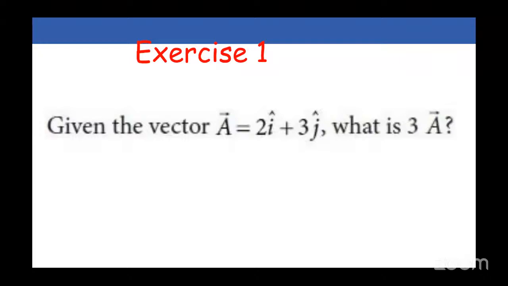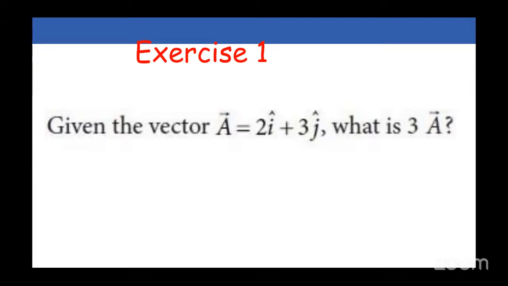So today we are going to continue with vector and scalar, and specifically we are going to be solving problems related to vector and scalar. Recall that we define scalar as any physical quantity that can be defined by magnitude only.